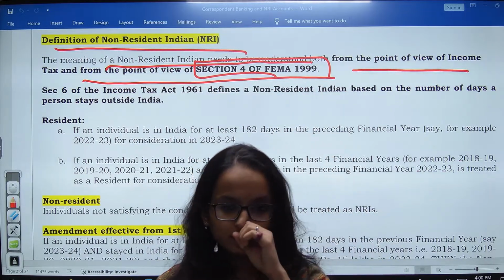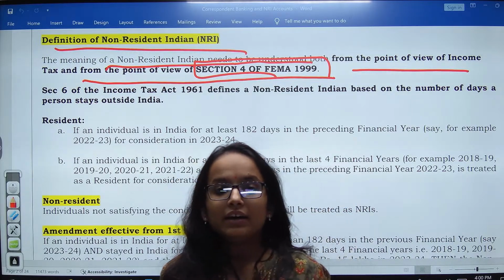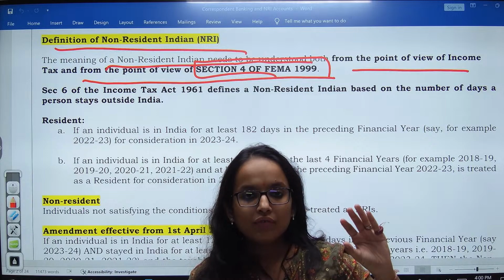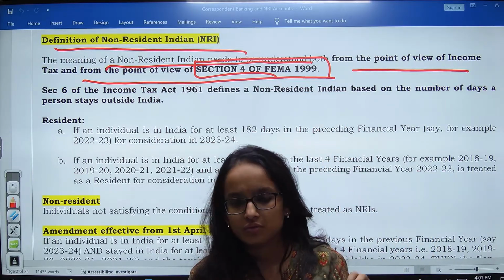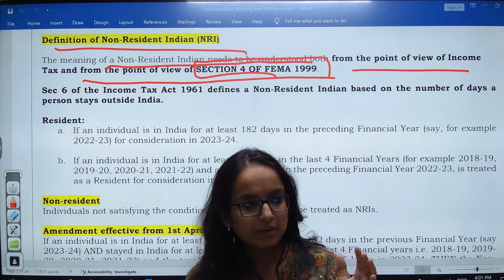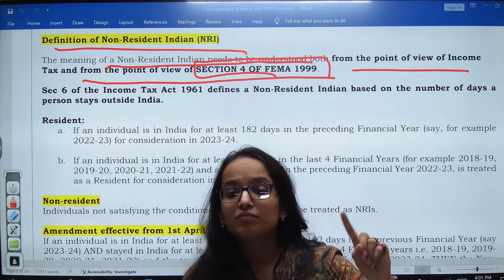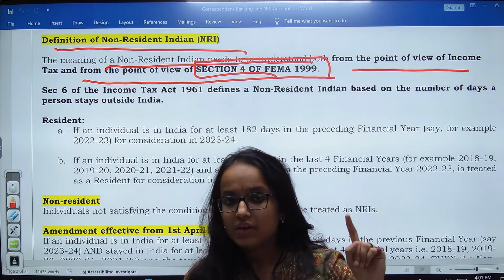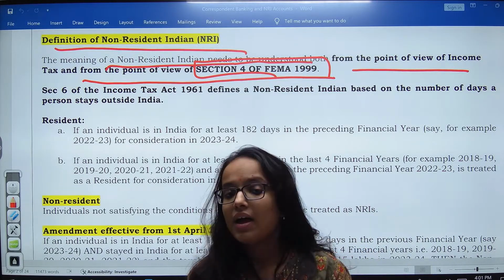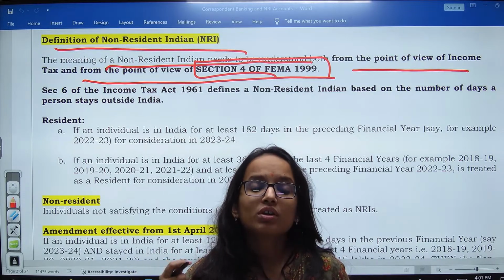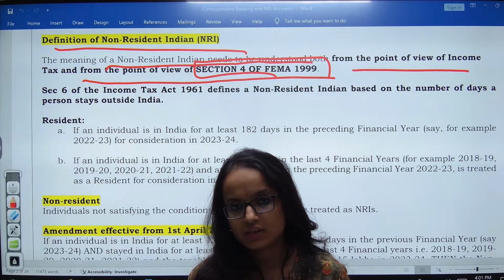Now, this is important: the definition of resident or non-resident, you have to understand from two points of view. We are classifying people as non-resident Indians on two bases. First, for the taxation purpose as per the Income Tax Act, and second, as per the Foreign Exchange Management Act 1999, FEMA in short.